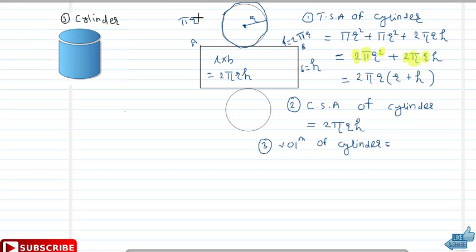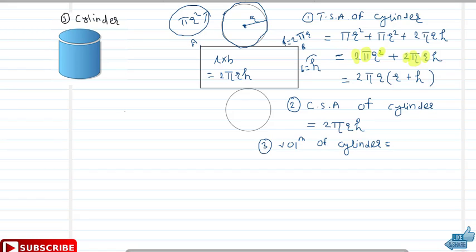And if we increase the height, the length is automatically increased. Then the volume, the space enclosed within this cylinder, is also increasing. So it depends on these variables, that is pi r square and h.